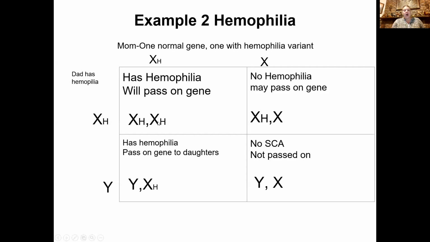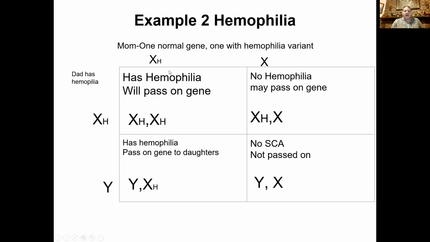So if he creates a daughter and this daughter inherits this X from mom that has the hemophilia variant and this X from dad that has the hemophilia variant, this daughter is going to have hemophilia. And she is going to pass on the gene for hemophilia to all of her children because both of her X chromosomes have that variant on them.